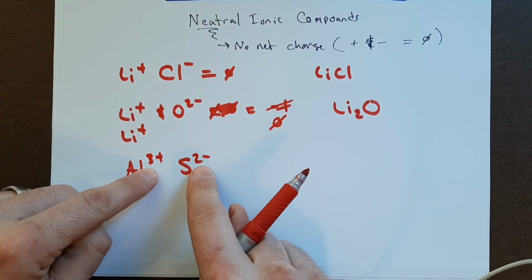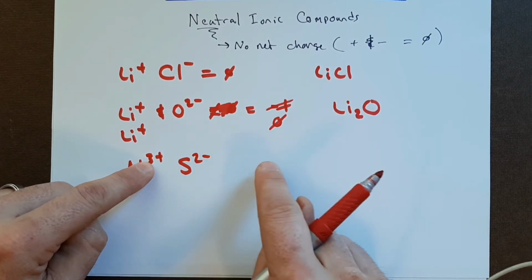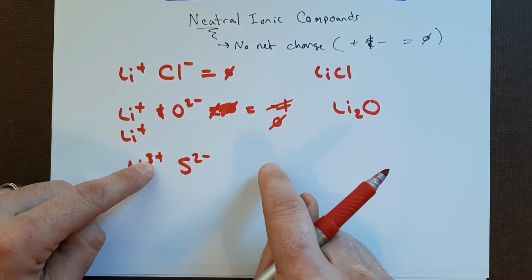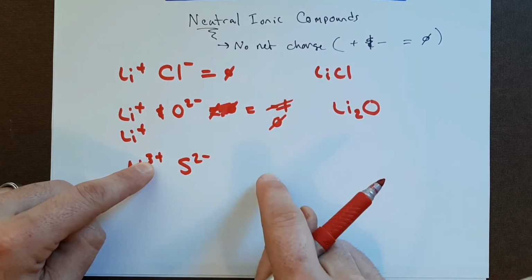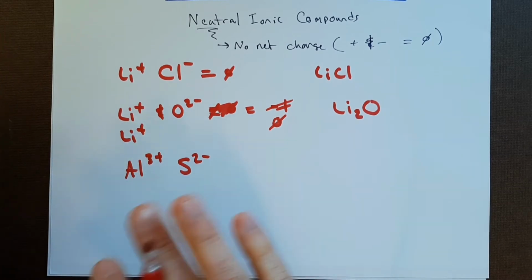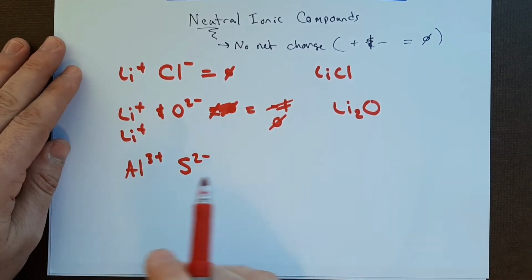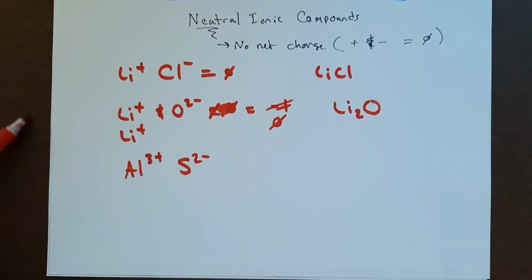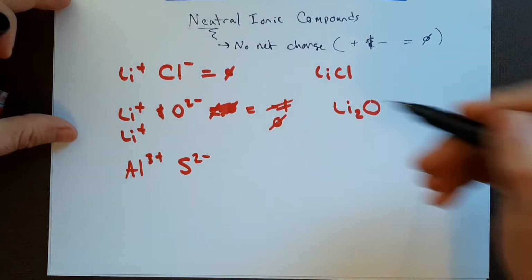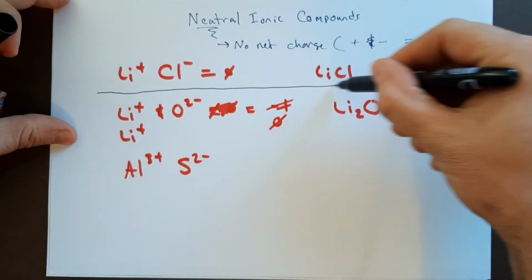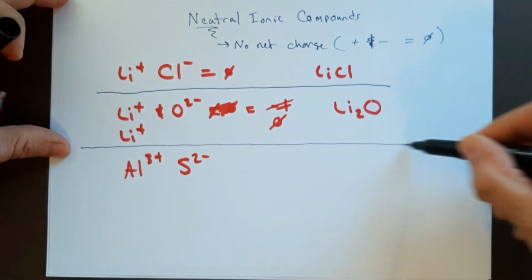A 3 positive and a 2 negative are not equal. Those do not make a neutral net 0 charge compound. So let's just sort of work back and forth and see what we need to combine here. I'm going to break this up. I realize they're probably bleeding together a bit.